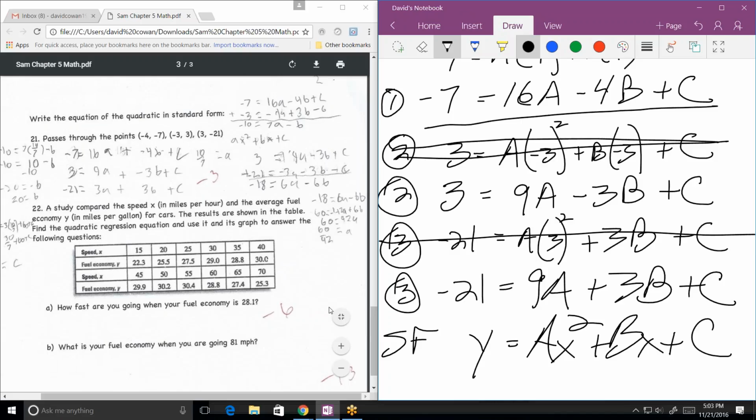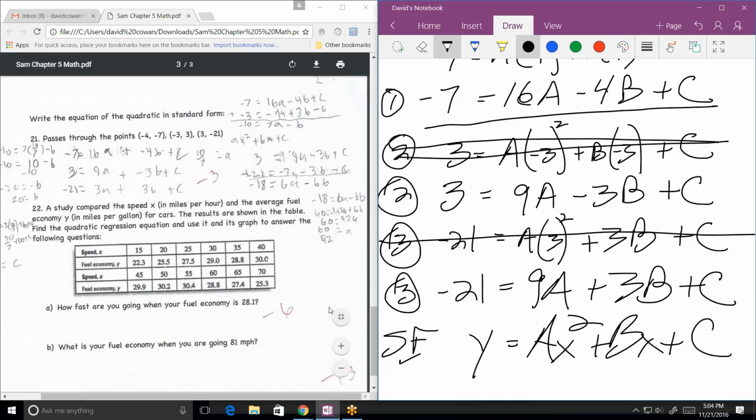So when you request a regression, first of all, there's lots of different regressions you can request. You can request a linear regression, which gives it to you in y equals mx plus b format, straight line. You can request a quadratic regression, which is going to give it to you in standard format usually. It may give you a choice. Usually it gives you standard format, which means the only things it gives you are an A, a B, and a C. And then you've got your equation.